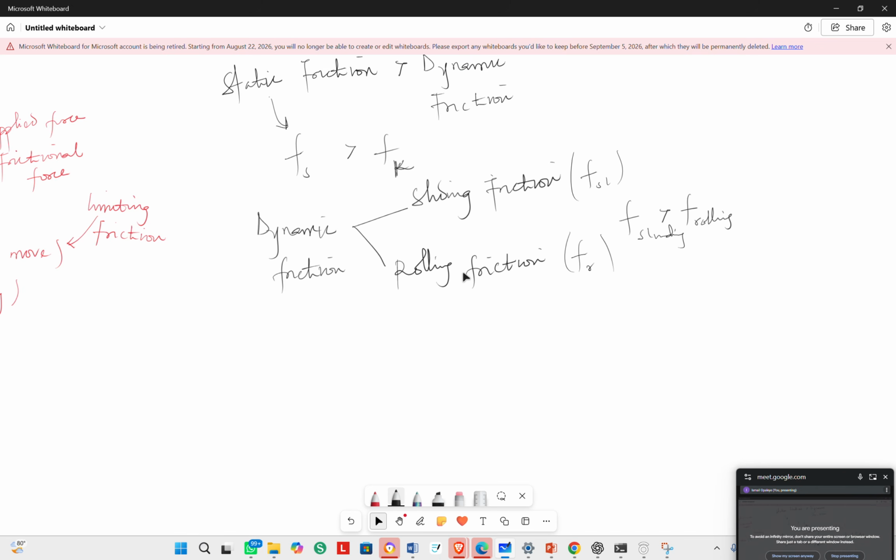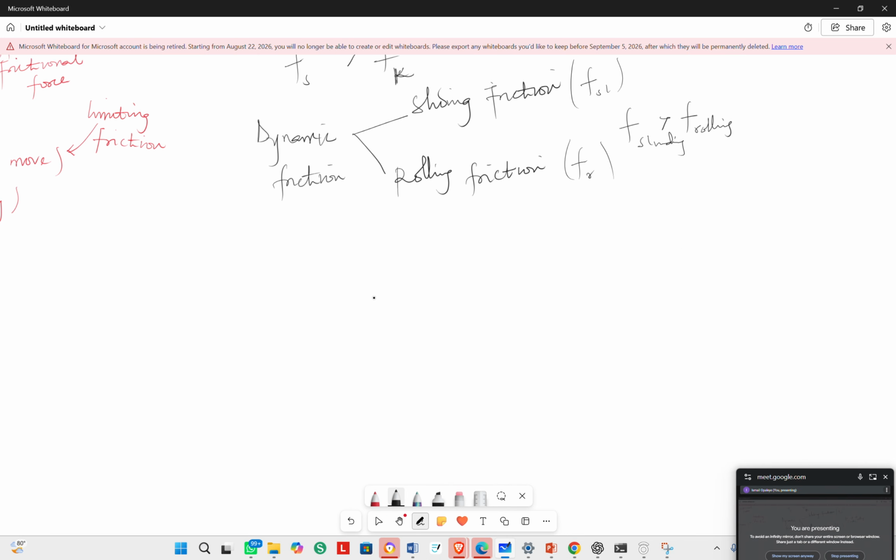The first law came directly from the definition of friction.